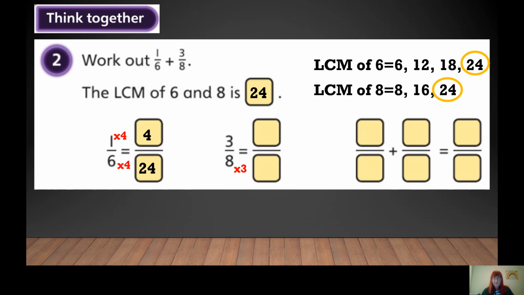To get from 8 to 24, we need to multiply by 3. So 3/8 converted into 24ths will be the same as 9/24. And now we can populate the final part of our calculation. 4/24 added to 9/24 gives me a total of 13/24.